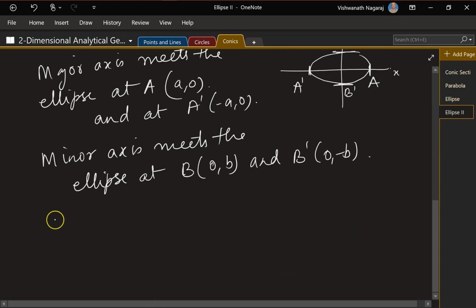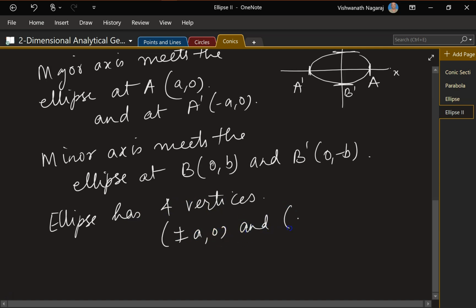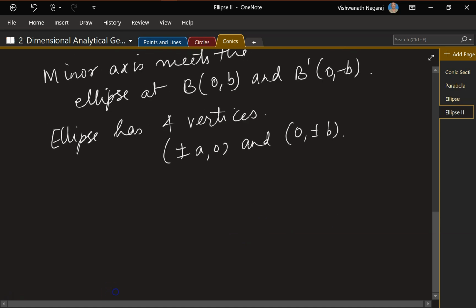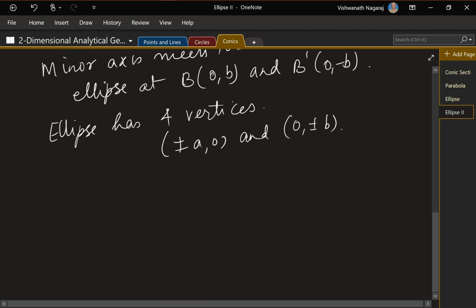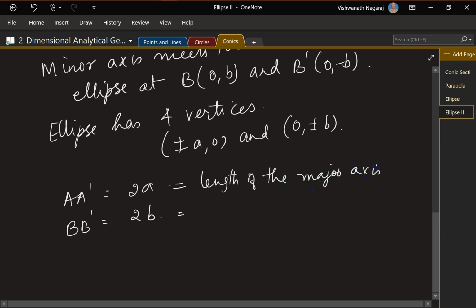So which means the ellipse has 4 vertices, (±a, 0) and (0, ±b), and the distance between A dash and A is going to be 2a, and between B dash and B it will be 2b. So this is the length of the major axis and the length of the minor axis.